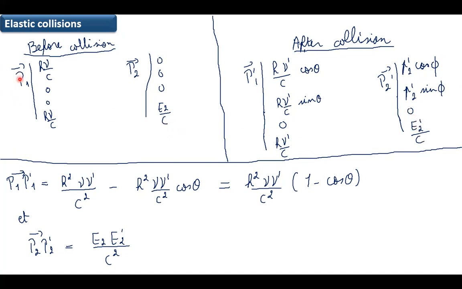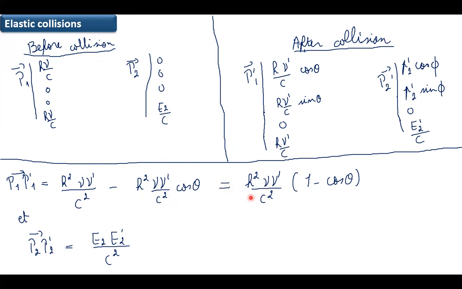So we need p1 times p prime 1 and p2 times p prime 2. If you multiply p1 by p prime 1, we begin with the time coordinates, so it's h squared nu nu prime over c squared minus the space coordinates, h squared nu nu prime over c squared cosine theta.